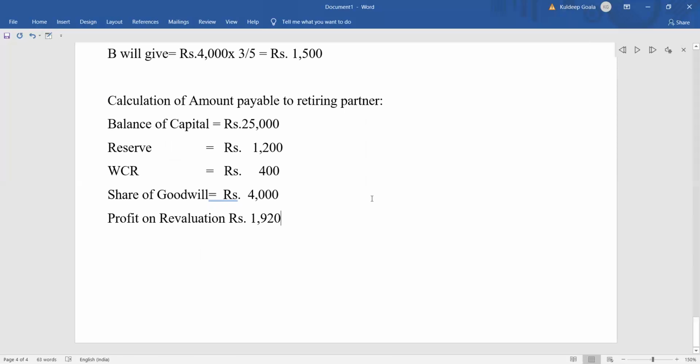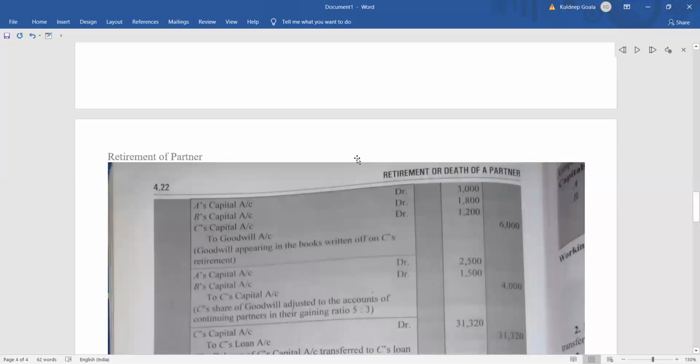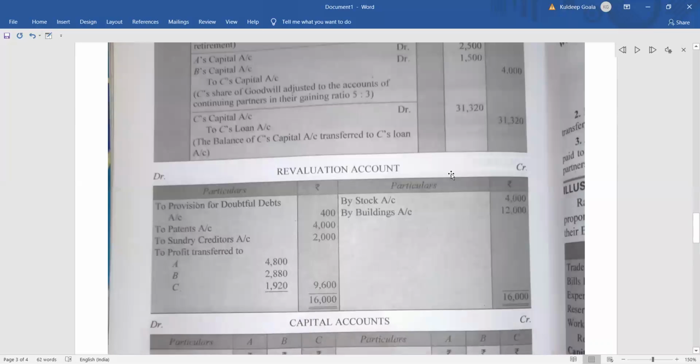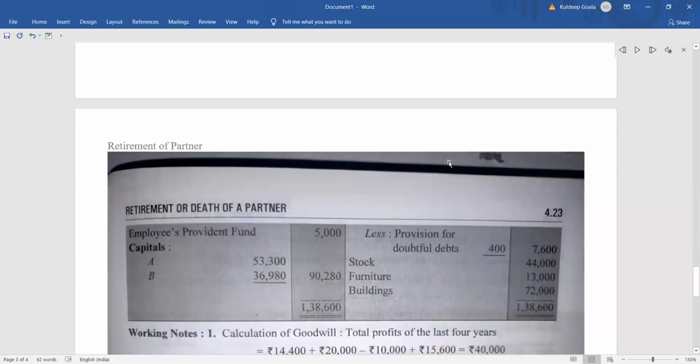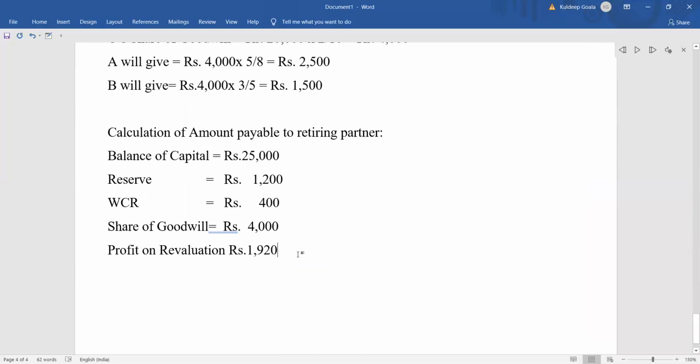Yeah. So anything else? Yes, we have got one very important thing, that is goodwill written off of 1,200, isn't it? So that will be deducted. So at last, after adding up all these, you are going to deduct that, right? So let's find out what is the total we have got here.